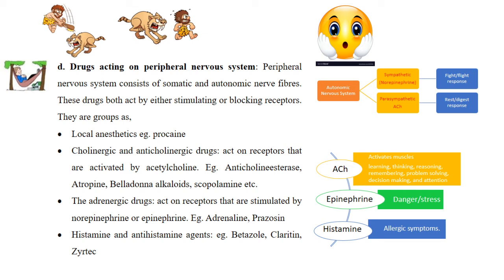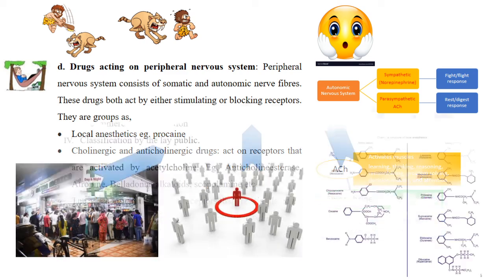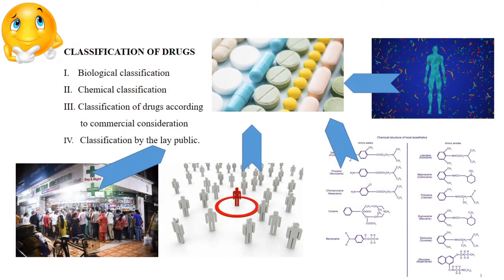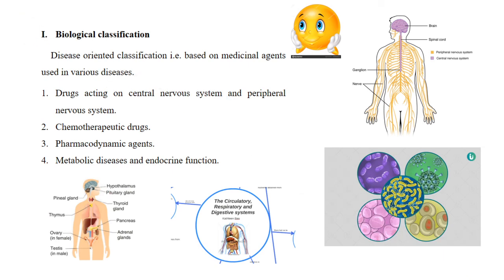Okay, so let us recall. First one, classification, 4 classifications: biological, chemical, then classification based on commercial consideration, and classification by lay public. And in this section we will be dealing with biological classification, and in this biological classification again we have 4 categories.